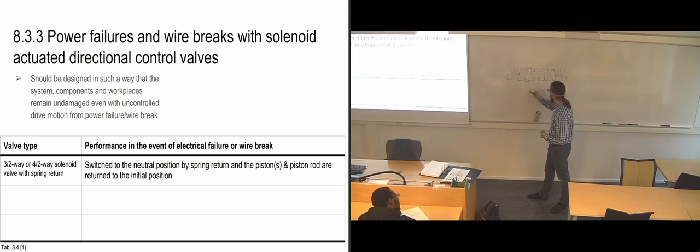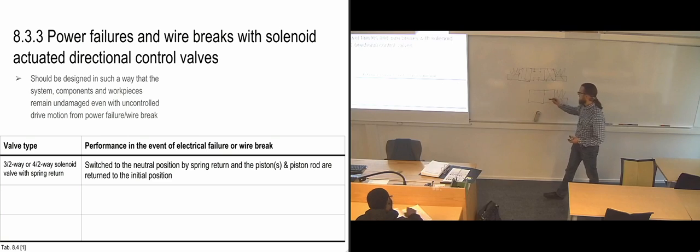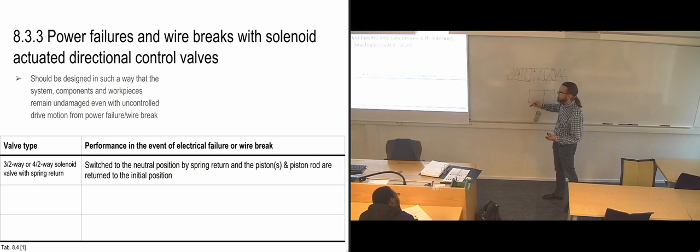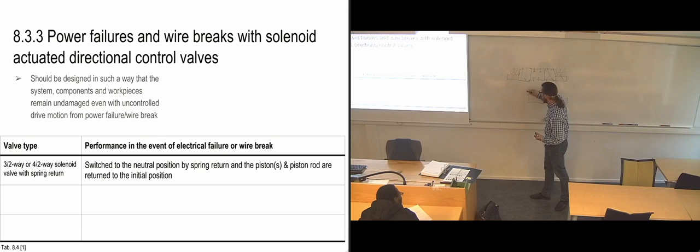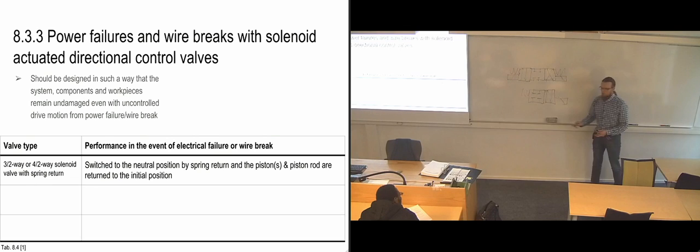If you just have a two position one, then you can have, well, the spring return will be on this side, of course. And it might be closed off here, and it might be allowing flow when it's activated.